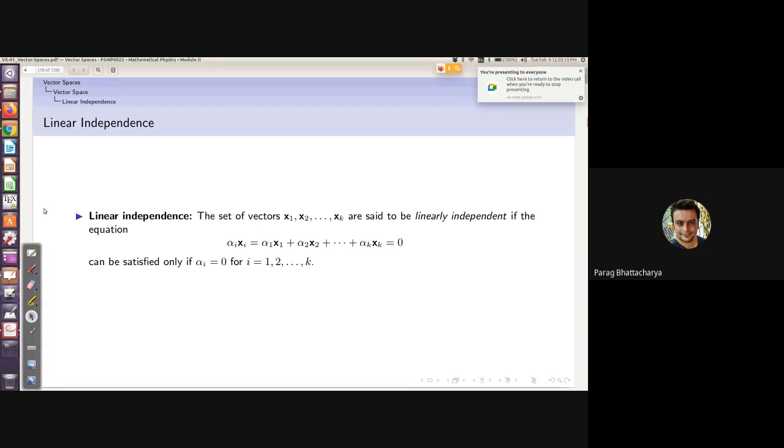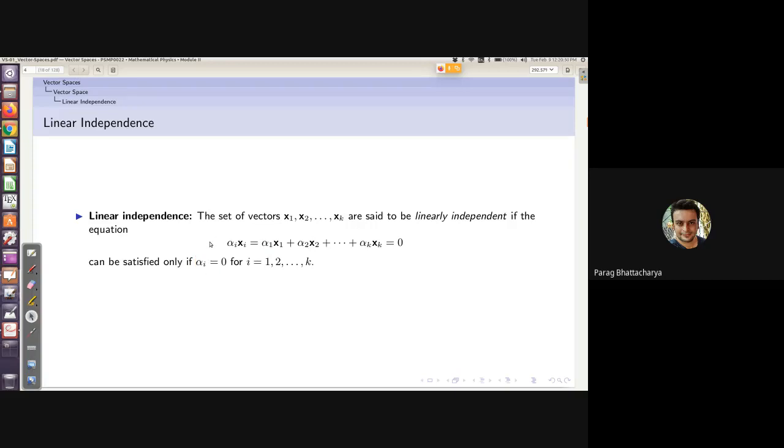Linear independence. A set of vectors is said to be linearly independent if in the equation alpha 1 x1 plus alpha 2 x2 plus alpha 3 x3 and so on, in general any alpha multiplied with any vector, if I add them all together and the result is equal to 0, the only way this is possible is if all of these alphas are identically 0.